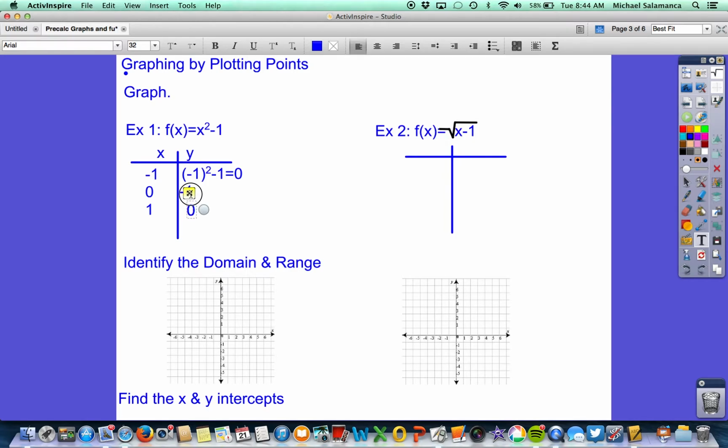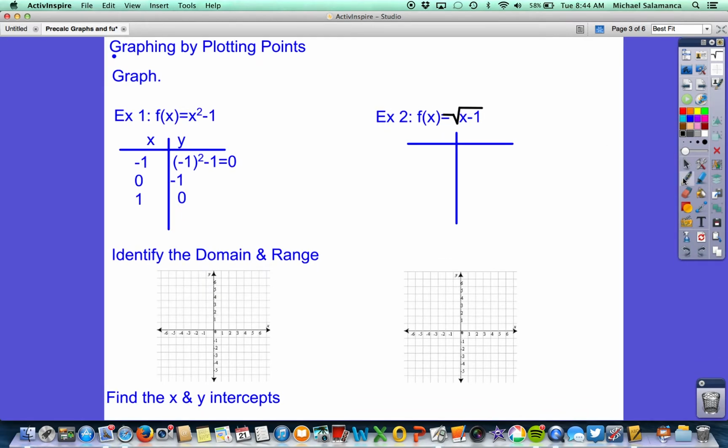So now we have our 3 points, and then we're going to plot these points. For the first one, it says x is -1, so starting at the origin, we go left 1, and because our y is 0, we don't move at all, so that's where our point is. For the second point, it says 0. 0 means we don't move left or right, and we go down 1.